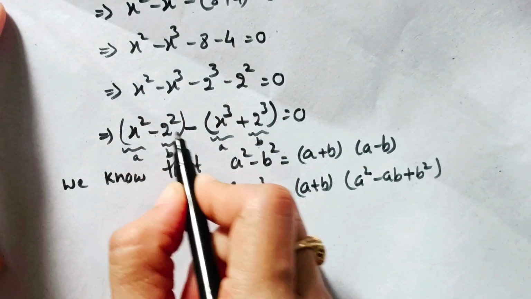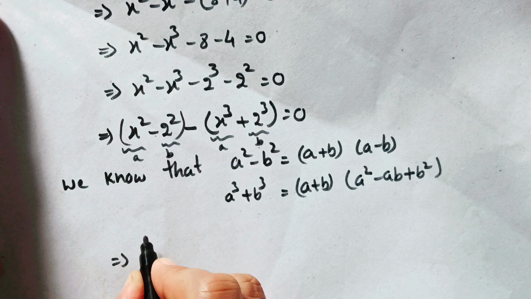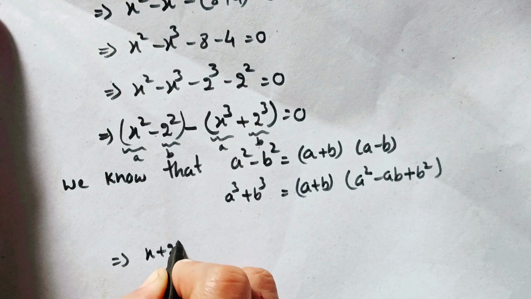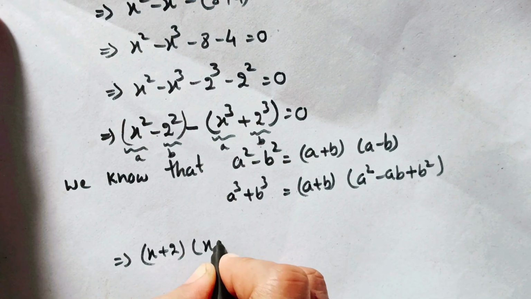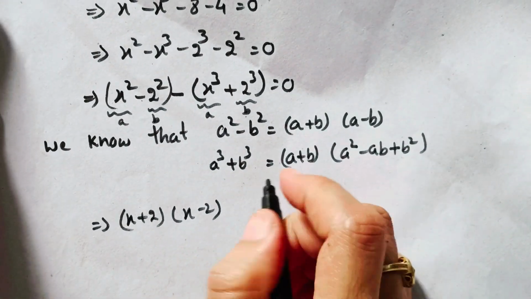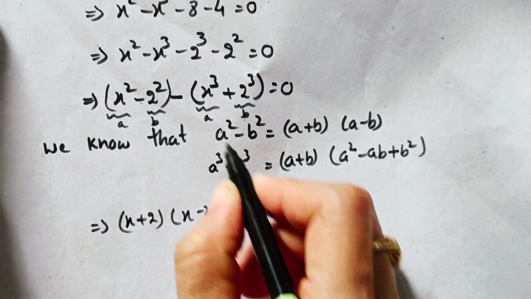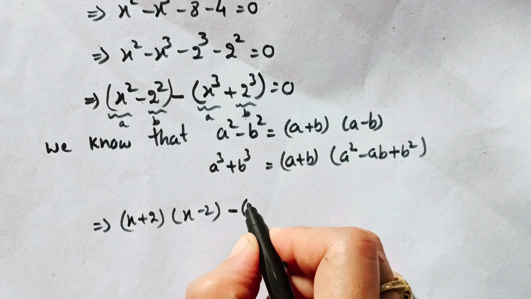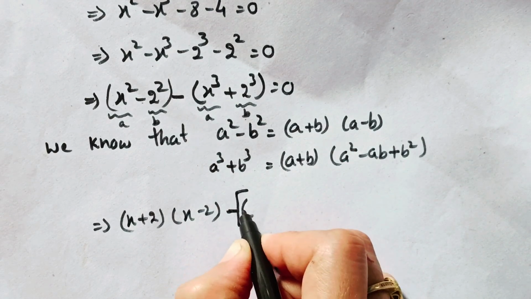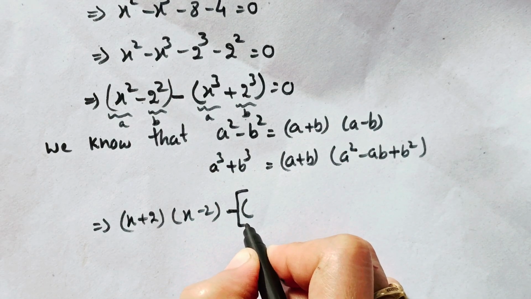So a square minus b square is a plus b into a minus b, meaning x plus 2 into x minus 2. This is minus of a cube plus b cube, and I'm taking a square bracket here.